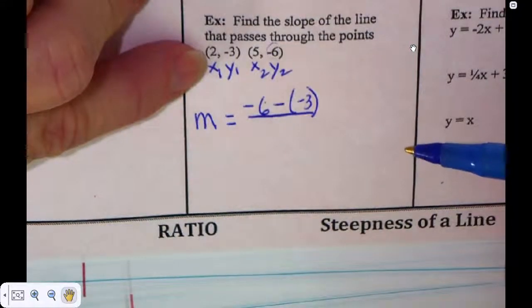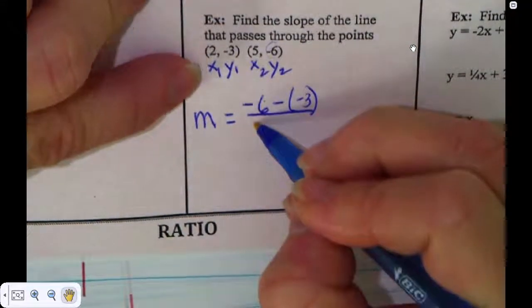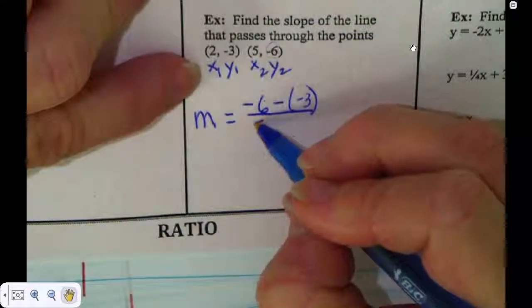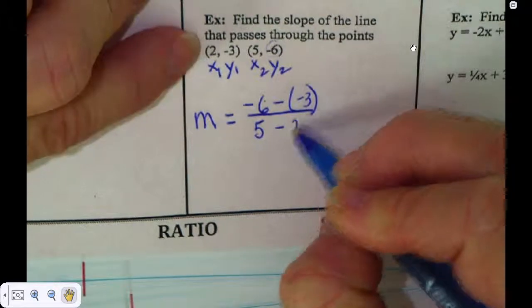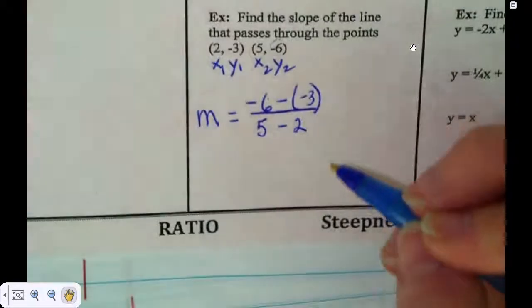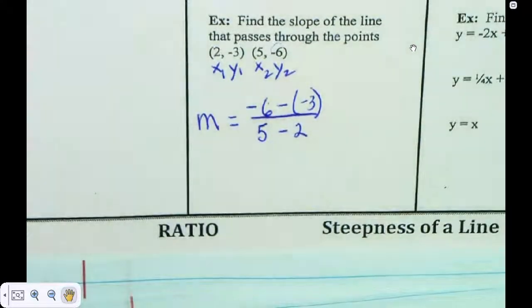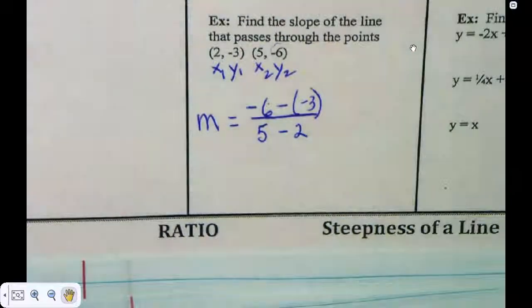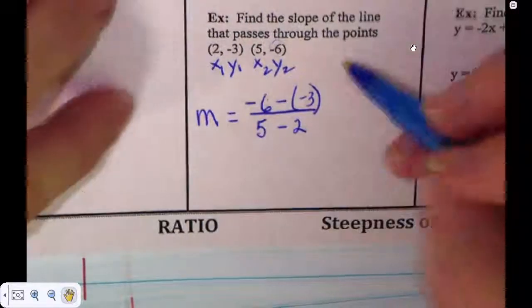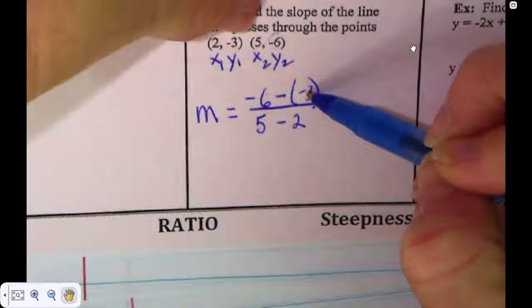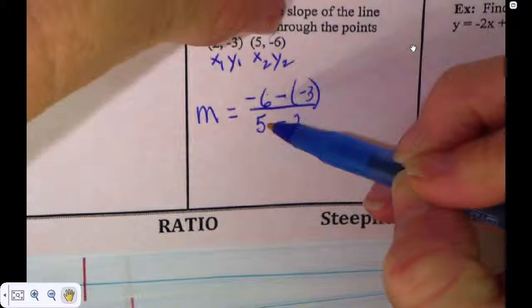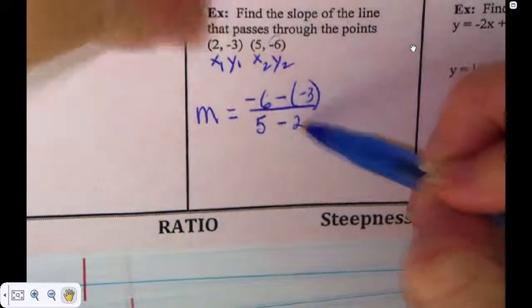We're going to subtract our y's on top, and then our x's on bottom. So what's going to be on bottom? 5 minus 2, isn't it? So we're going to go -6 minus a -3. And then we're going to subtract our x's on bottom, 5 minus 2.